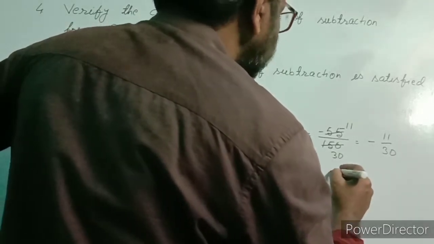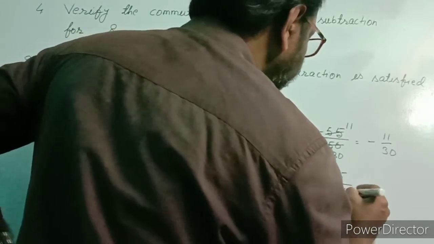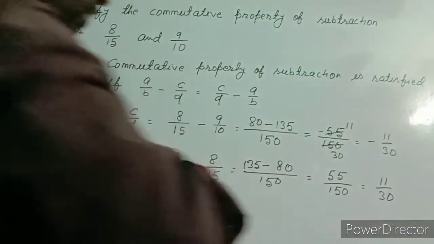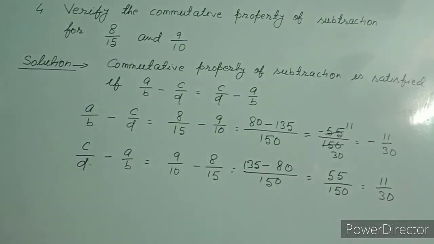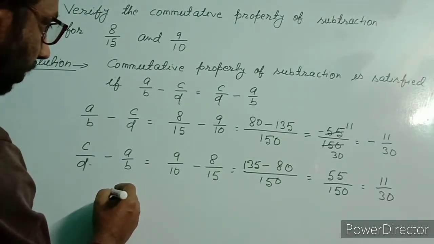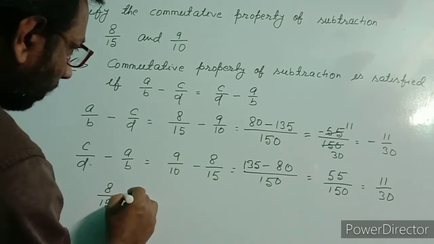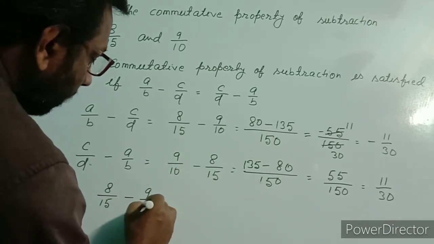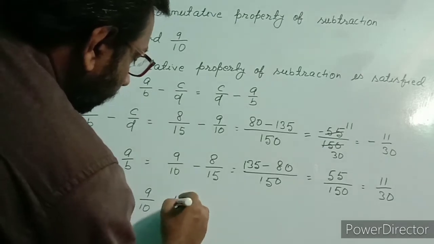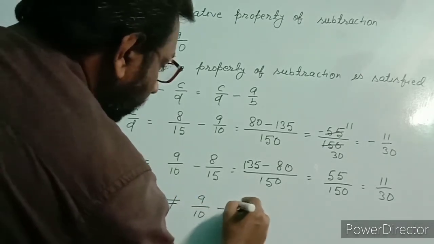This is equal to 55 by 150, which is 11 by 30. So in this case what are we saying? We are seeing that 8 by 15 minus 9 by 10 is not equal to 9 by 10 minus 8 by 15.